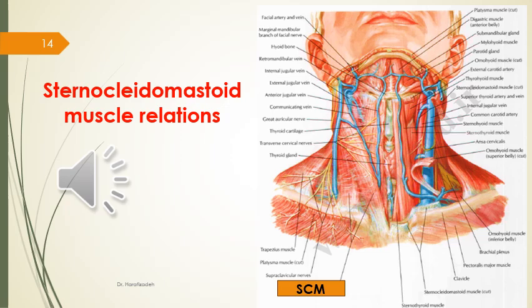This point is named the nerve point. It is the midpoint of the posterior border of SCM. From this point, the cutaneous nerves of the neck emerge. I said in past slides, these cutaneous nerves are in the superficial fascia of the neck.